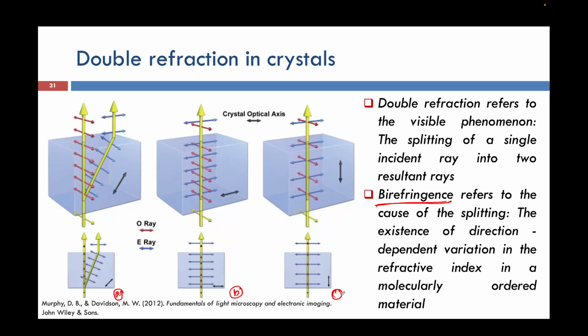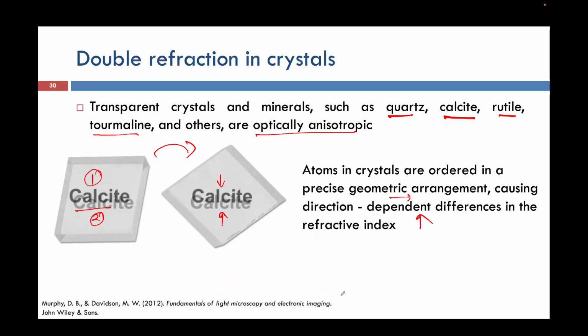In double refraction, the incident rays are generally split into two. Why does double refraction take place? Because the incident ray is split into two types of ray: one is the ordinary ray, another is the extraordinary ray.